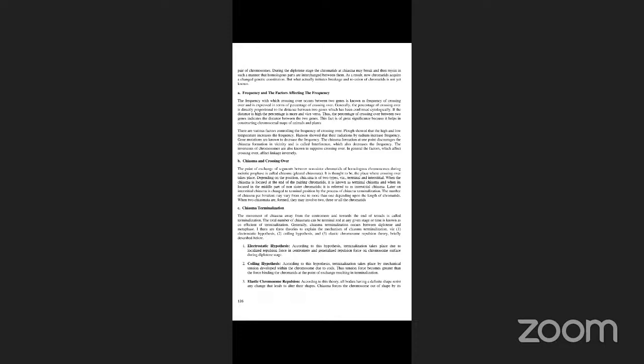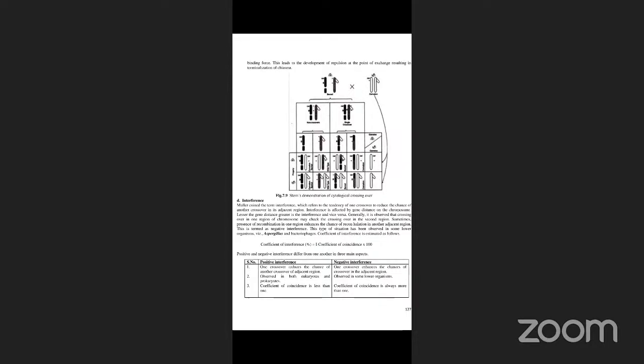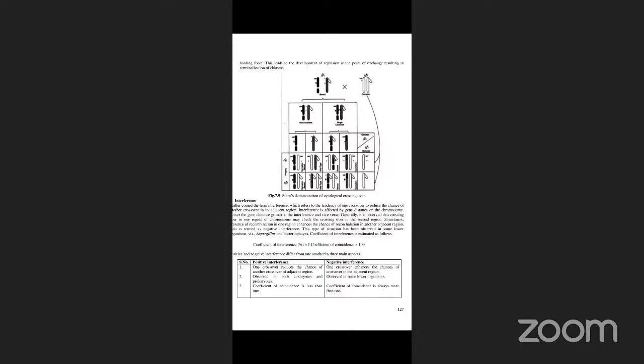According to this, all bodies having a definite shape resist any kind of change that leads to alter their shape. So the chiasma forces the chromosome out of its shape by binding force, which leads to the development of repulsion at the point of exchange, resulting in the terminalization.